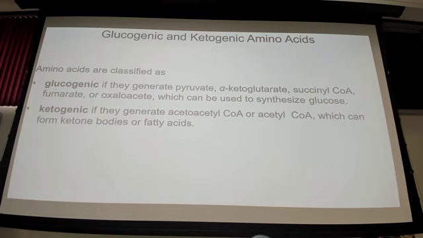If they lead to production of acetyl-CoA or acetoacetyl-CoA, which is a ketone body, those carbon skeletons are said to be ketogenic. Any questions about that? Yes.